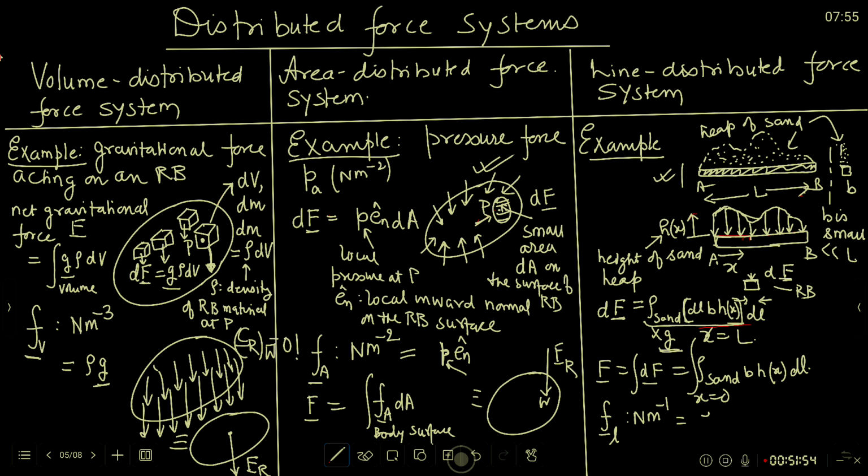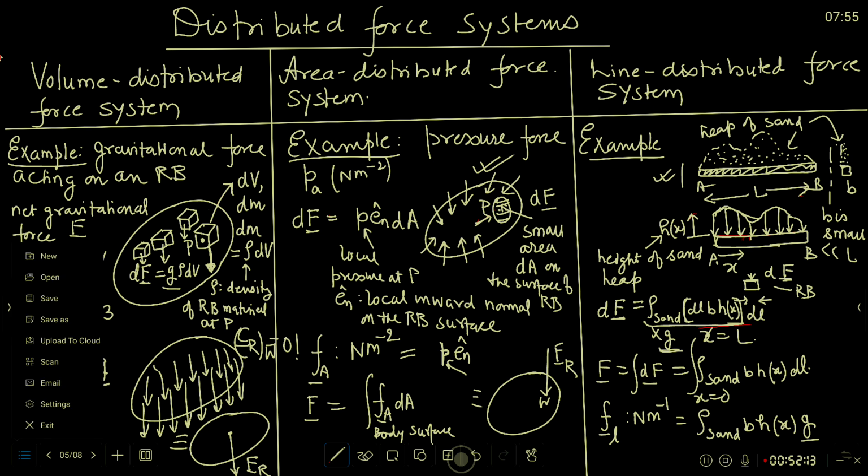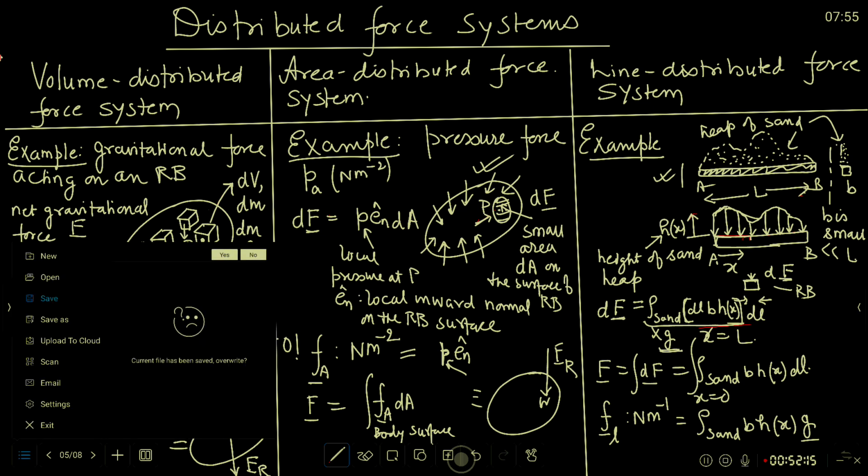In this case, FL will be rho sand B times height of the heap of sand times G. Okay. This is how we characterize distributed force systems: volume distributed, area distributed, and line distributed force systems.